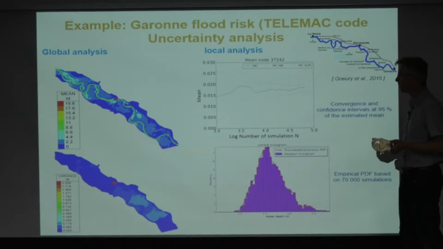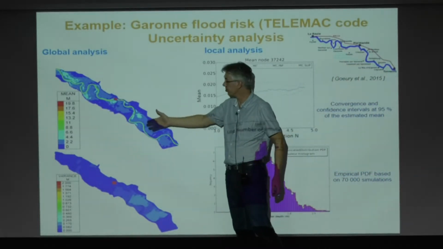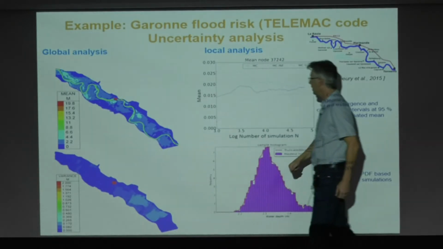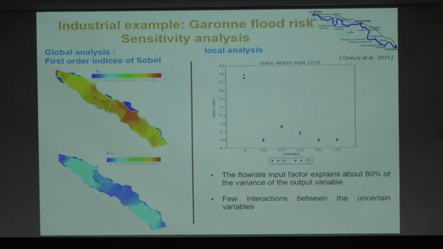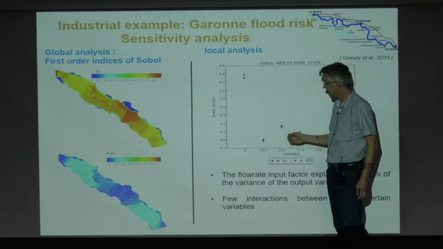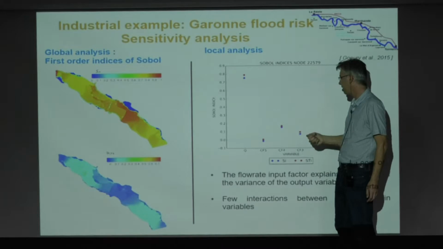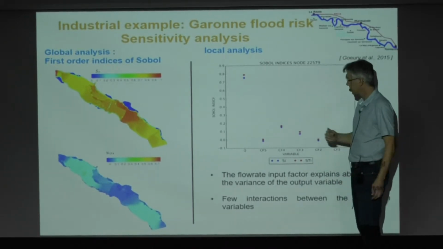And so we obtain the result. For example, for this case of flooding, the mean water level and the standard deviation of the water level. Okay? And after, we may want to determine which inputs are the most influential on this variability, on this uncertainty.